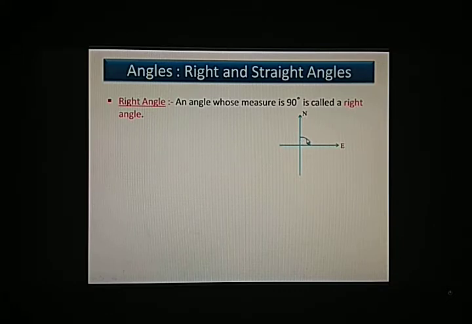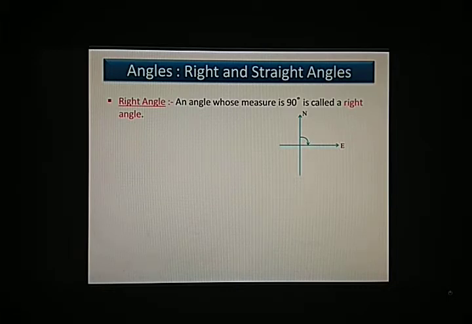So here you can see, suppose you are facing the north direction, and then you are asked to turn towards the east direction in a clockwise direction. This is called clockwise. Clockwise direction means the direction in which the hands of a clock move.